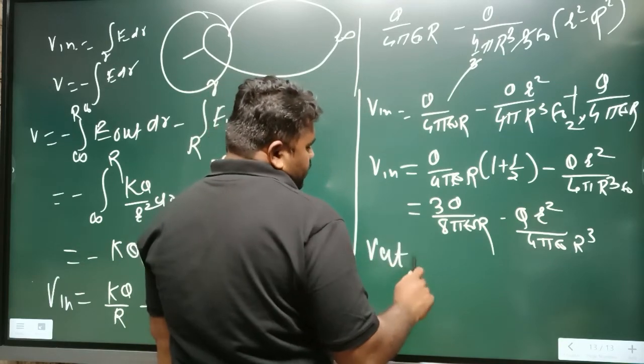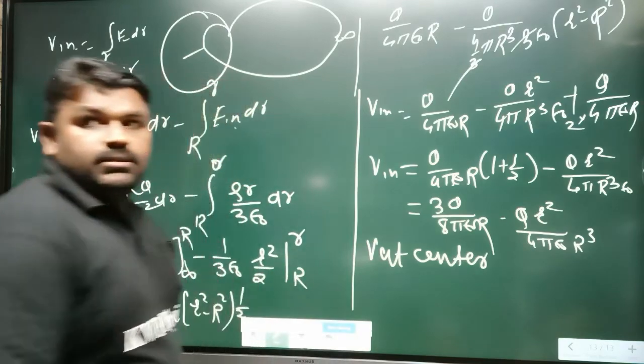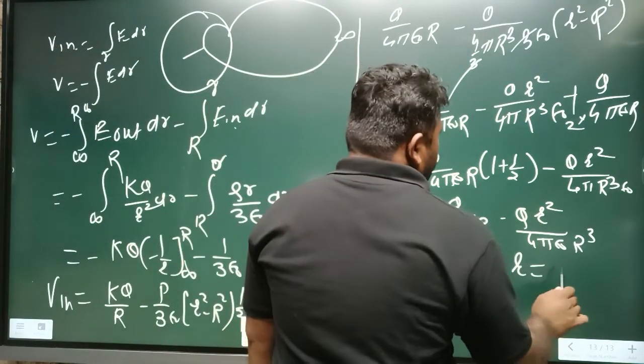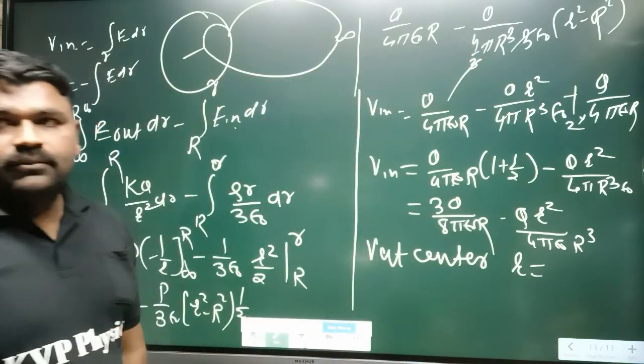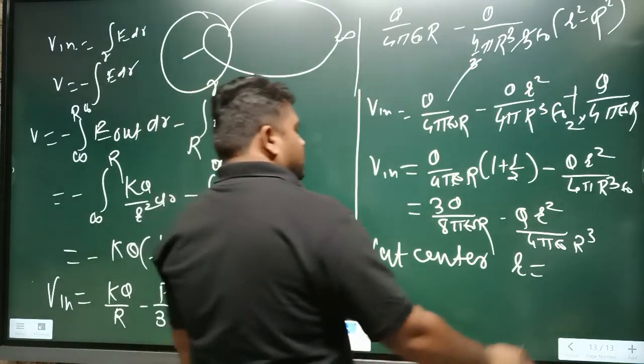Potential at center. Center condition: small r is equal to 0.